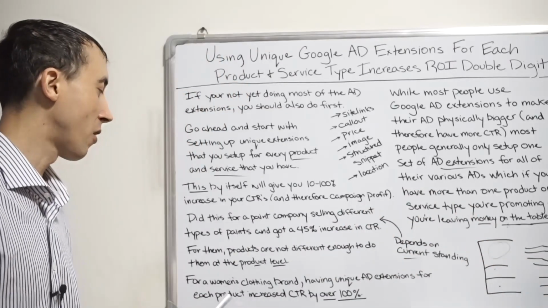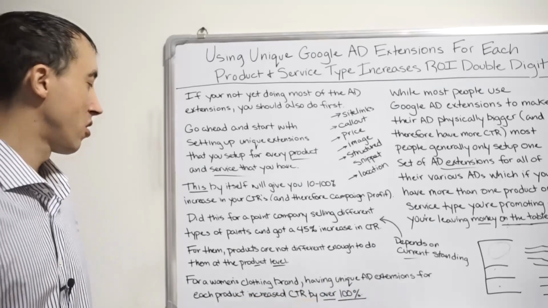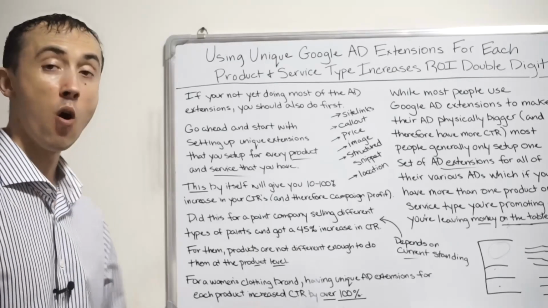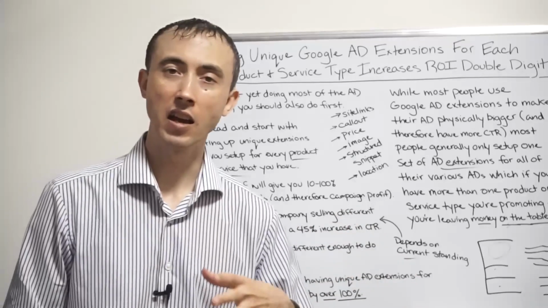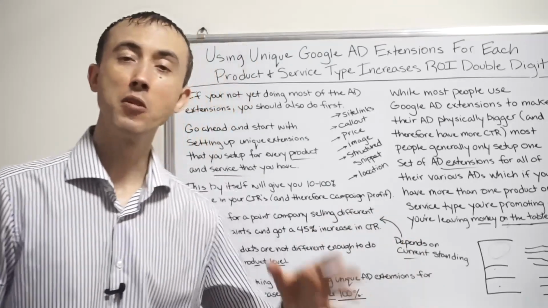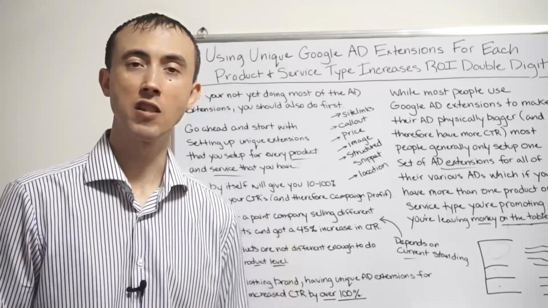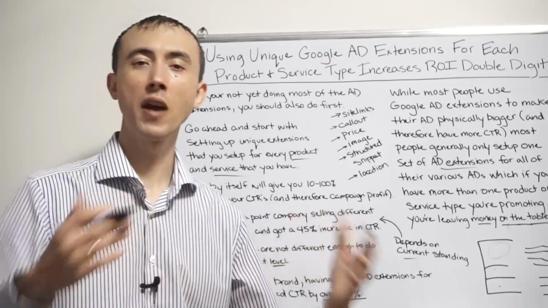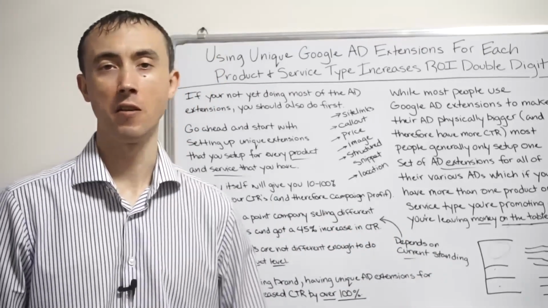Anyway, in this unique category, the women's clothing space, having the unique ad extensions for each product itself increased the click-through rate by over 100% in this particular case. Of course, I give a lot of that to the image extension itself being a large factor, but having the rest of the stuff also contributed a little bit to that 100%.